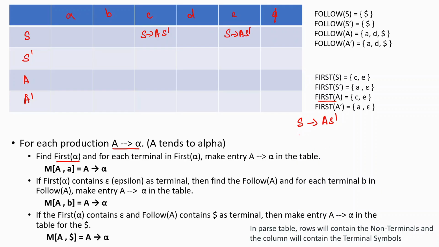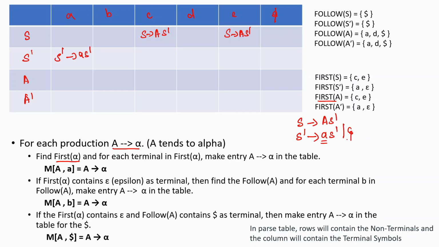So take the next production, S dash into this empty symbol. When there is a symbol in the first production, we have to put the entry in the first of A, and first of A is always the symbol A, so we are going to put A S dash.